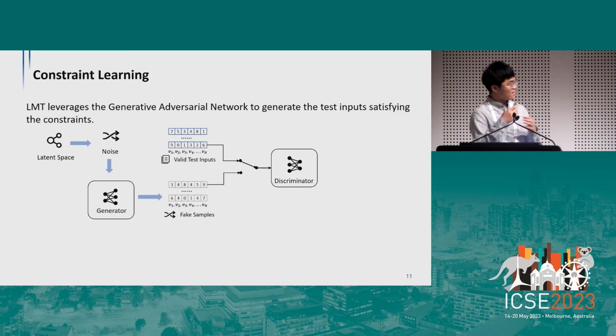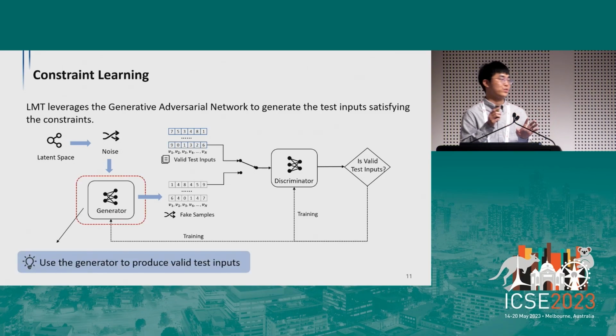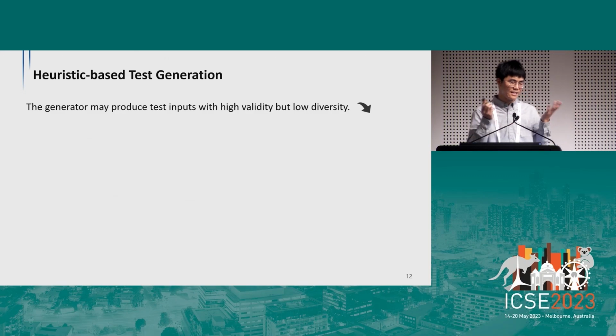The discriminator is trained to distinguish whether the data is real or fake, and the generator is trained to fool the discriminator. After training, the generator is able to generate test inputs that satisfy the constraints more often than random test inputs. But we find that the test inputs generated by the GAN are less diverse. This is also known as mode collapse in GAN.